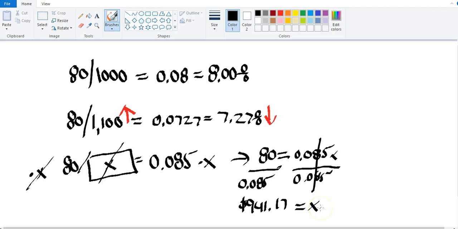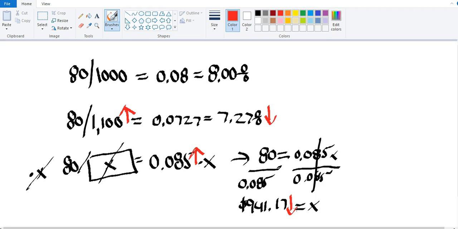$941.17. So again, notice what is happening to the price-yield relationship. When we change the yield to 0.085 or 8.5%, the yield went up from the original 8%. Notice what happened to the price. The price of $941 is a decrease from the original price of $1,000.